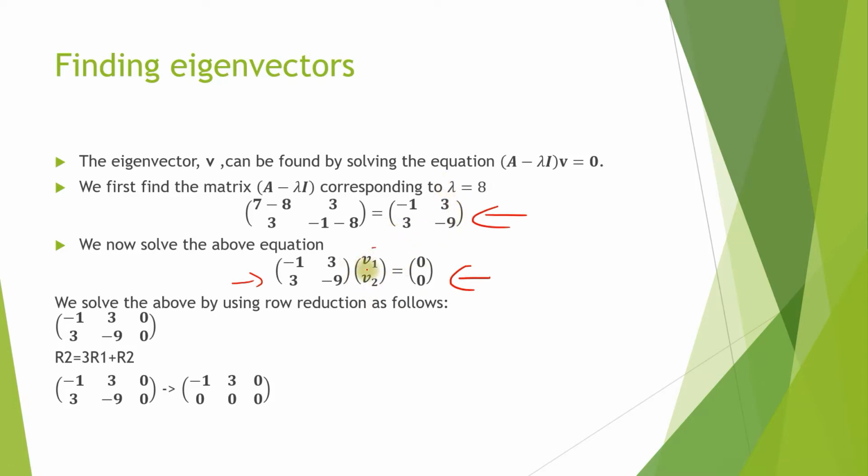Now, to be able to solve for v1 and v2, you can apply the row reduction method. And the row reduction method means what? You want to solve the matrix by finding v1 and v2. So by applying the row reduction method, you have -1, 3, 3 and -9, and you have a solution to the equation which is 0 and 0.